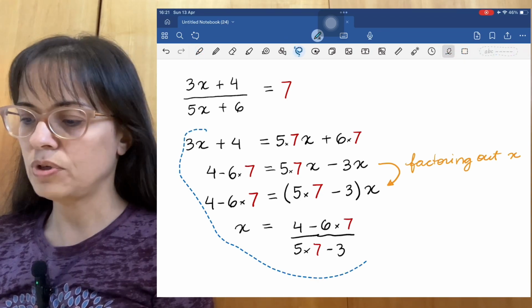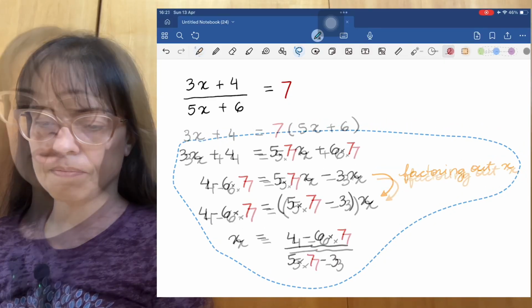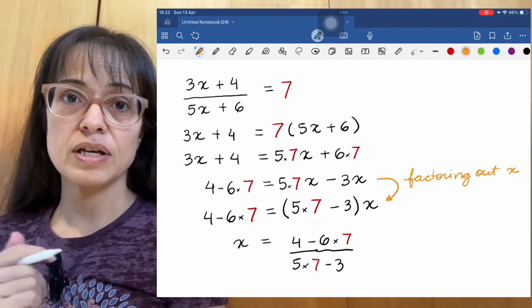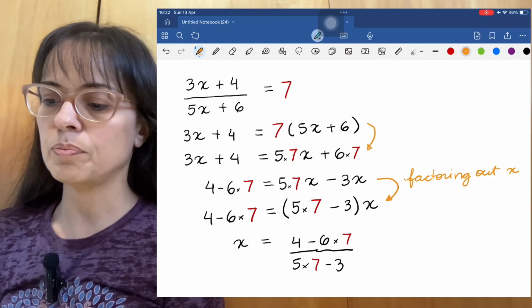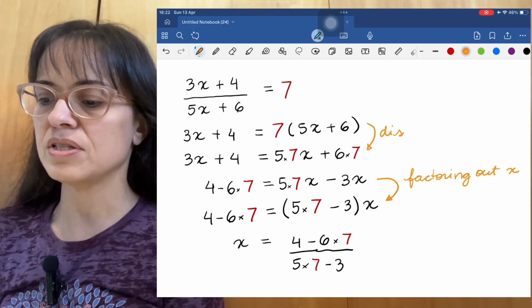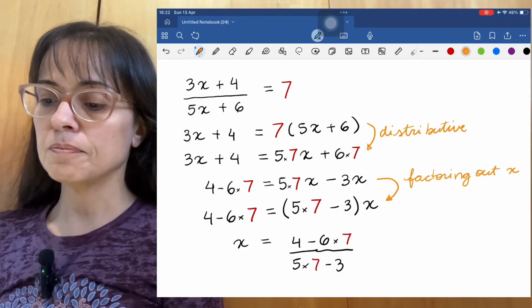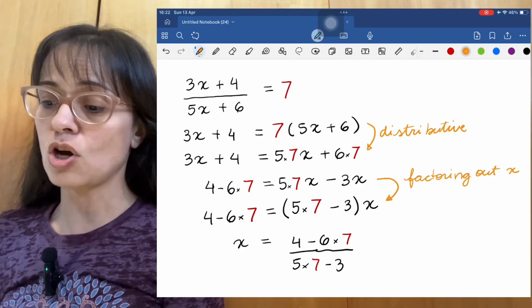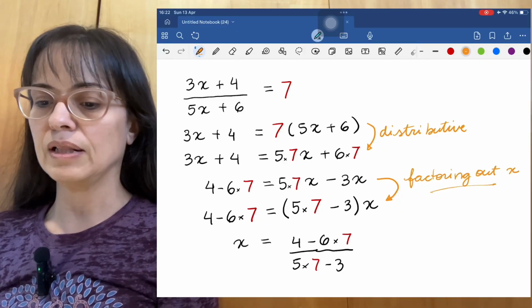Actually, I could have included another line here way in the beginning, which is after I multiply both sides by the denominator of the fraction, but before I did the distributive. And then I want to point out that from here to here was the distributive operation that was happening. Distributive is the opposite of factoring something out, which is the thing that I'm doing later.